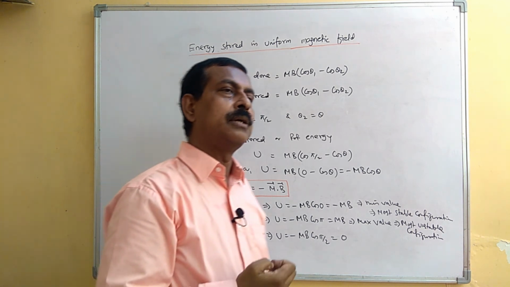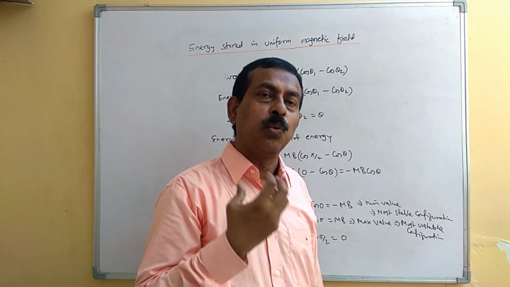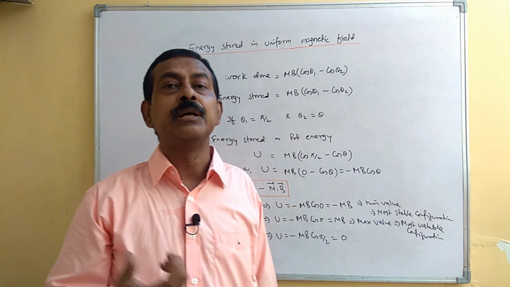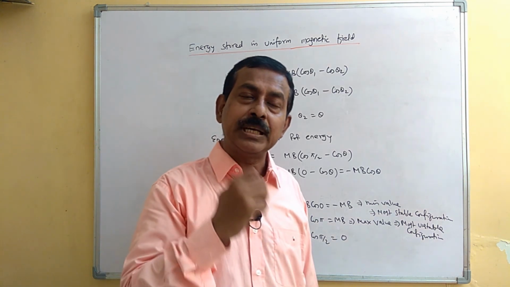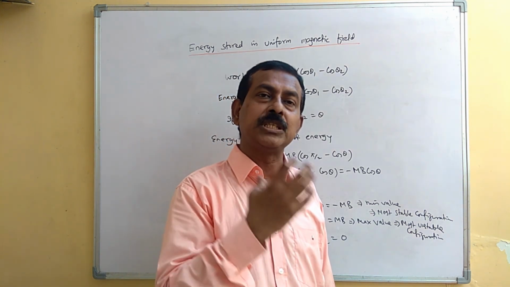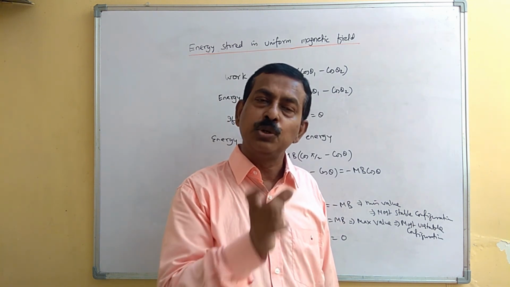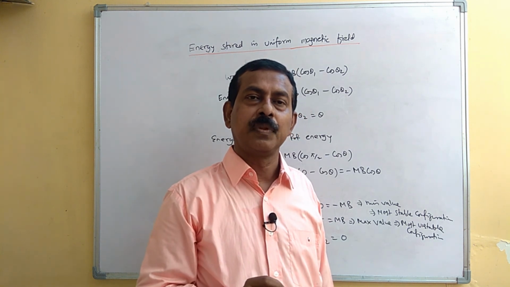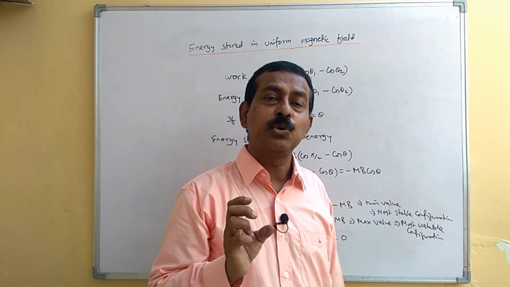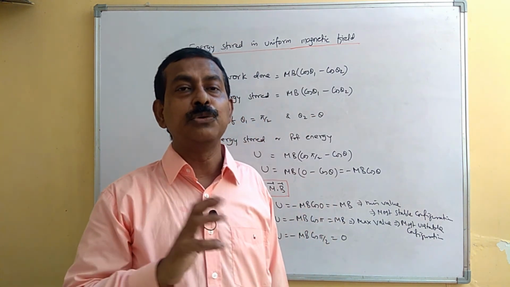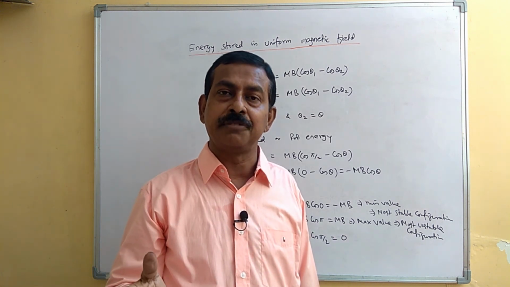Many times you may be asked to identify the orientation which gives the most stable configuration, and which gives the most unstable configuration. If theta is 0, it corresponds to the most stable configuration. If theta is 180, then it is most unstable. So you can easily write the answer. Some question may ask, what is the work done in rotating a magnetic dipole in a uniform magnetic field from most stable to most unstable configuration?